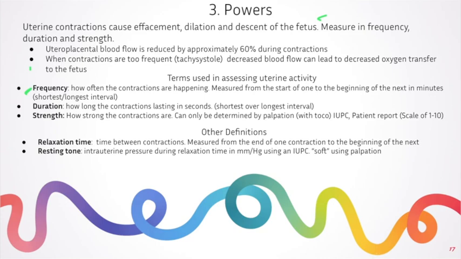And in that interval, we look at the shortest one and the longest one. I have some strips in the next couple slides, and I'm going to show you how to measure contractions. So the frequency is how often they're coming. The duration is when they happen, how long are they lasting? Your frequency is measured in minutes. Your duration is measured in seconds. All right? And strength is how strong they are.